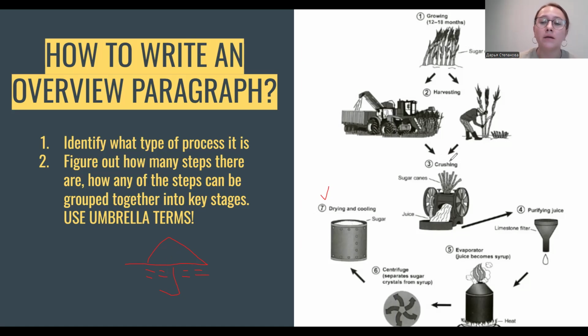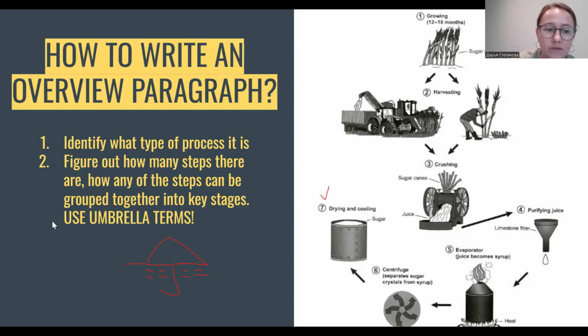We can also combine the third, fourth, fifth, sixth and seventh steps together into one key stage and name it with an umbrella term. In this case, we want to teach you the word processing, because processing involves all of these steps: crushing, purifying, evaporating, separating, drying and cooling, all the changes that can be made to raw material to make it into an end product.